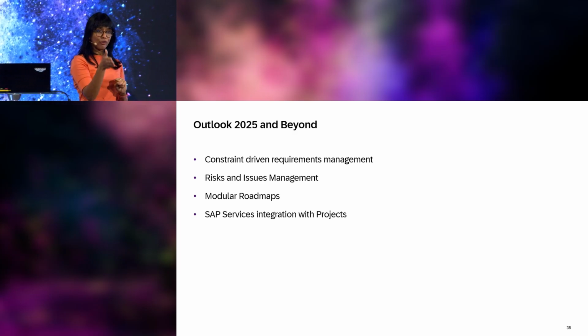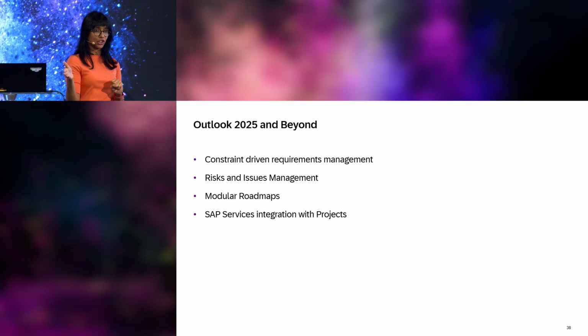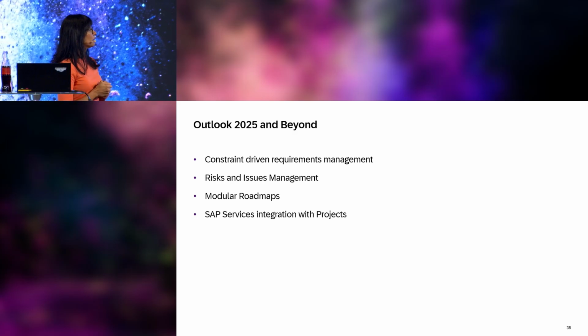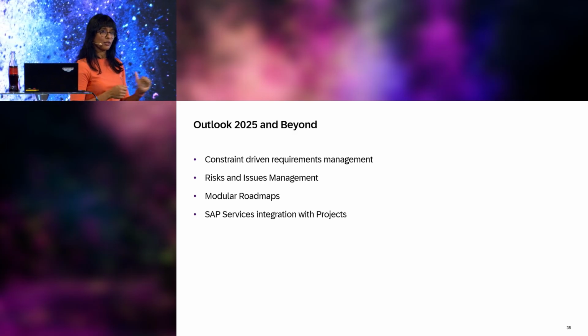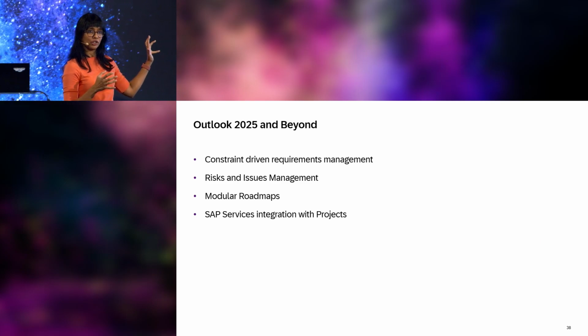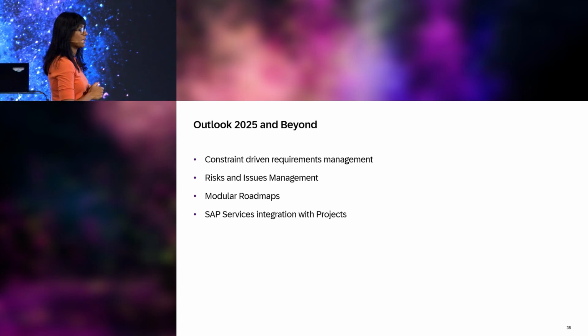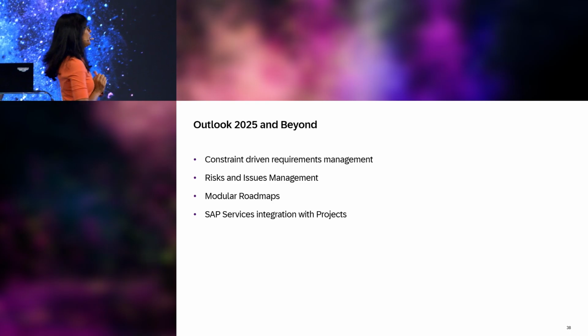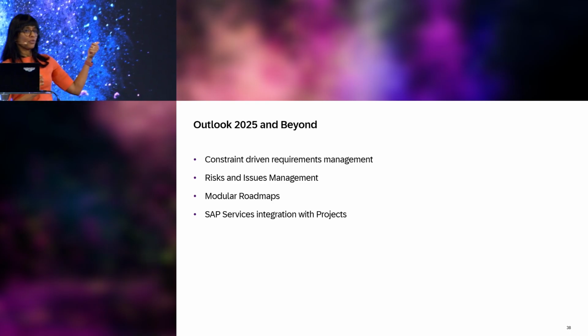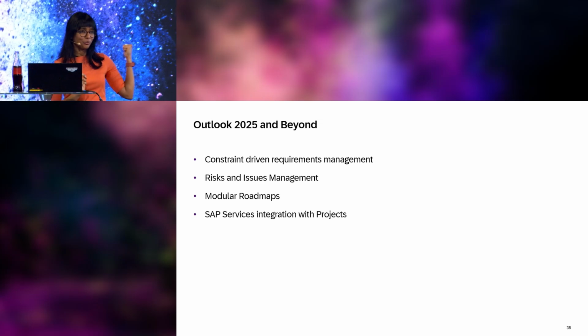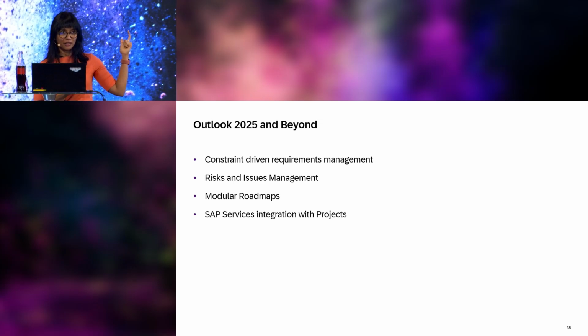You will hear more about it in Lisa's session, which is on Friday. All the different types of constraints that we have planned to bring in, the details of this can be heard from her. We want to focus on risks and issue management in project, where you can document project risks and define mitigation plan.